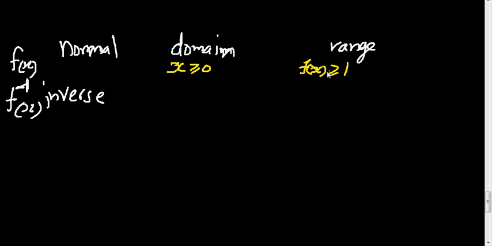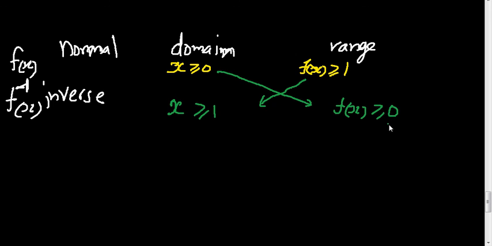So for the inverse function, the range of the normal function becomes its domain, so x is greater than or equal to 1, and the domain of the normal function becomes the range of the inverse function, so f(x) is greater than or equal to 0.